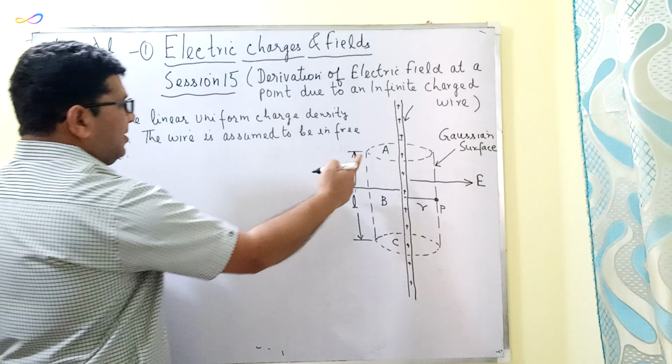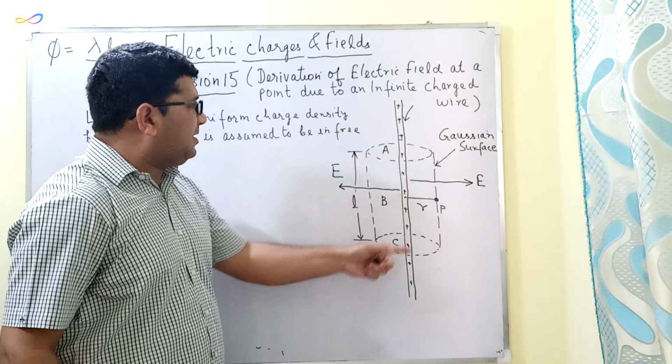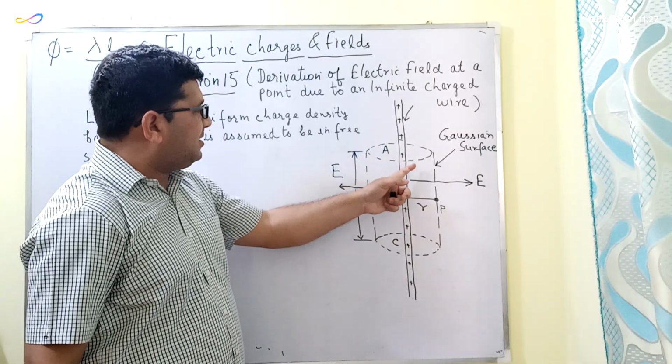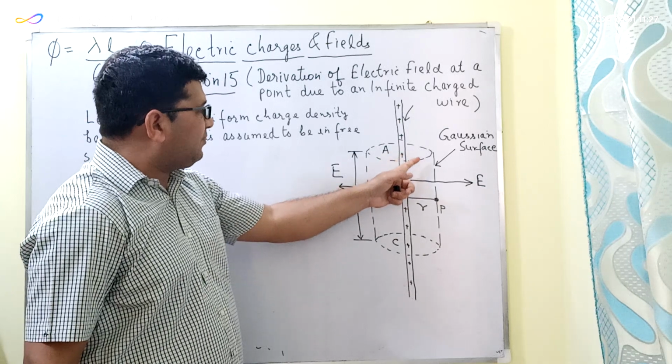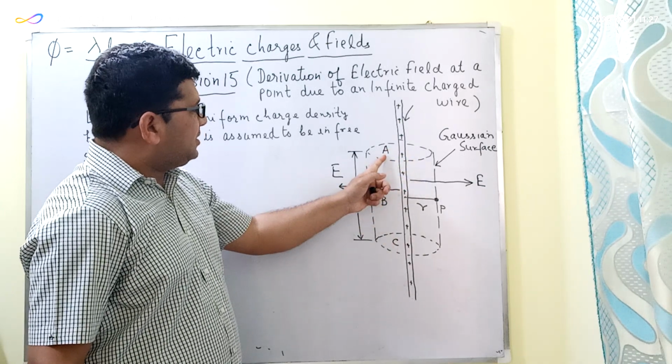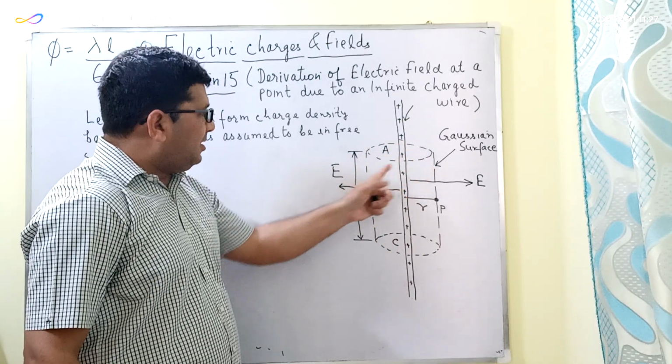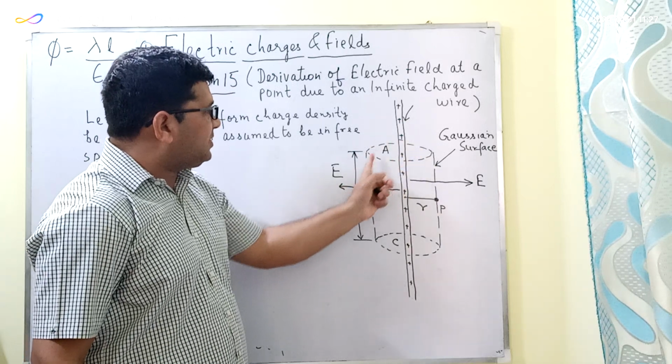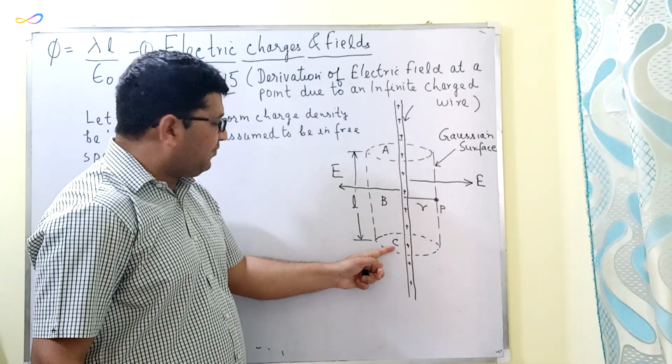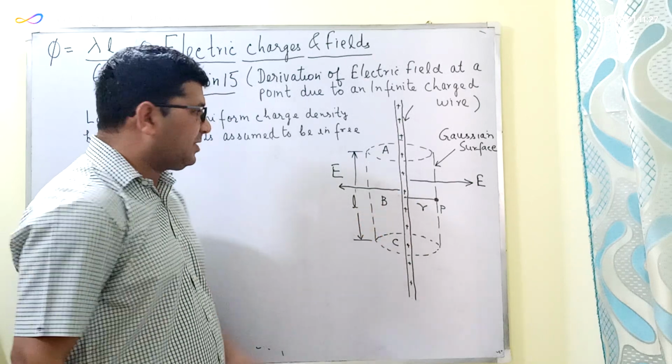Now, this cylindrical Gaussian surface can be considered to be made of three surfaces, that is A, B and C. This is the top surface of this cylinder, this is the bottom surface of this cylinder, and this is the curved surface.